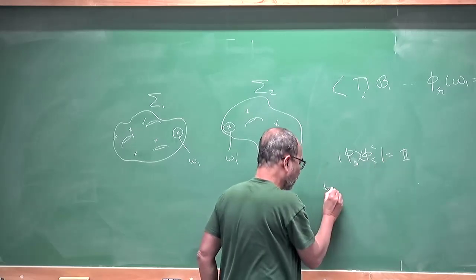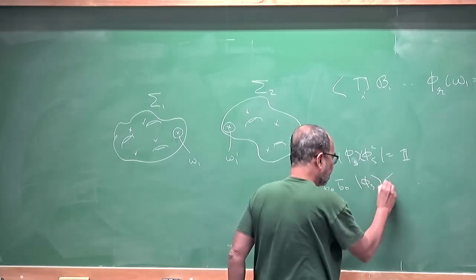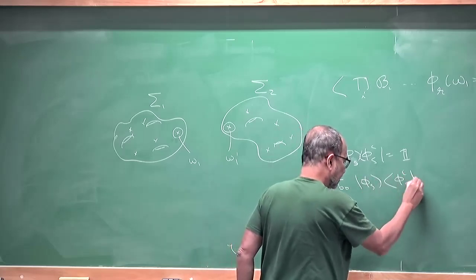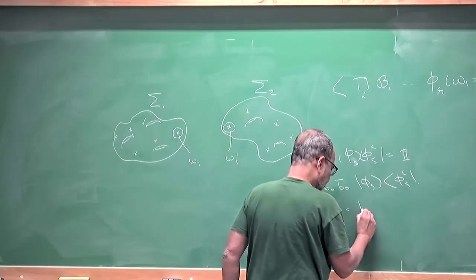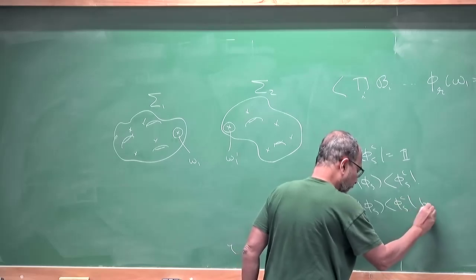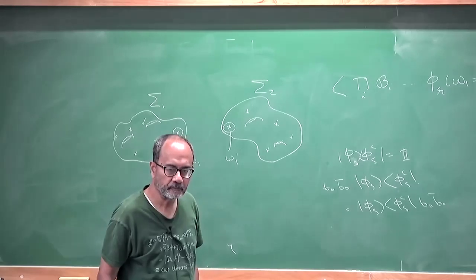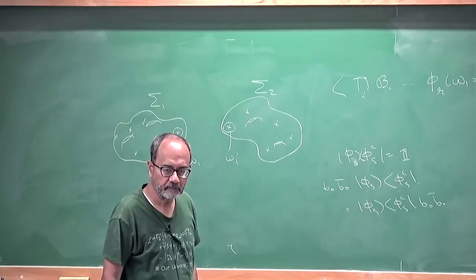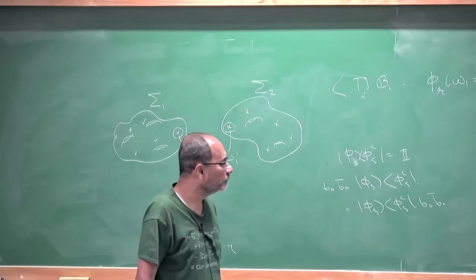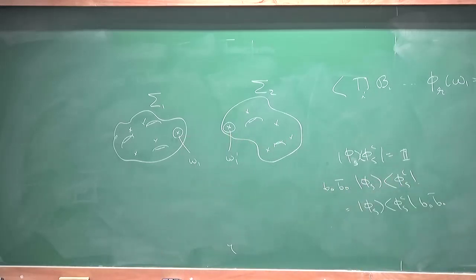So B0 bar acting on phi s c is the same as phi s c on B0 bar, because it's identity operator. So this means that we can now insert that object here.